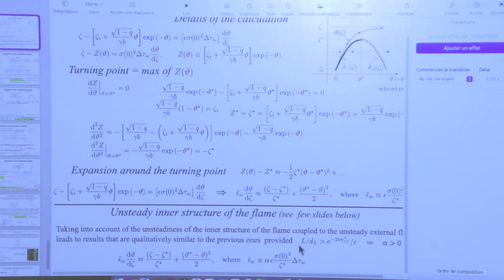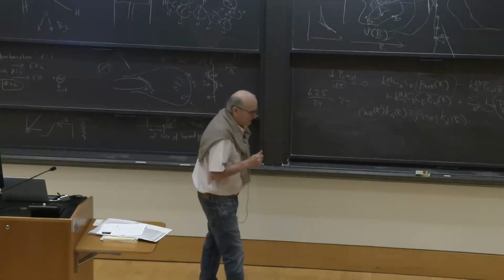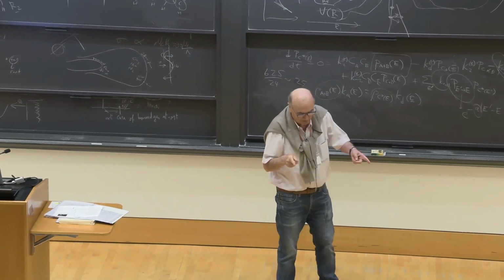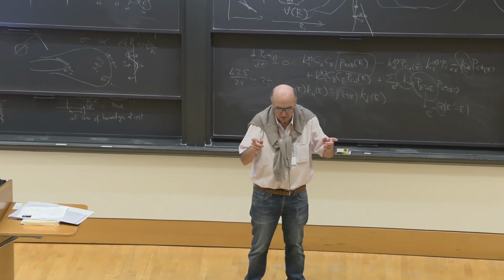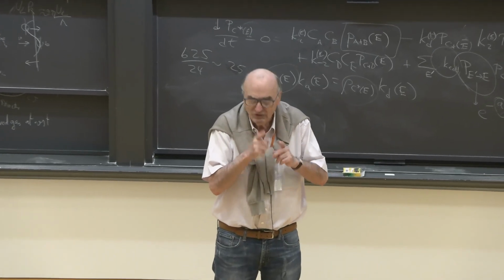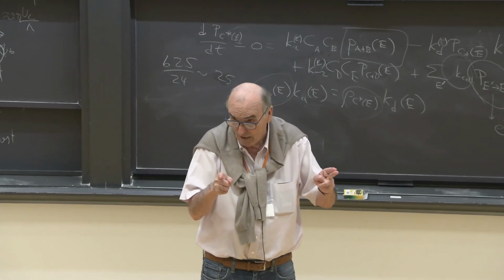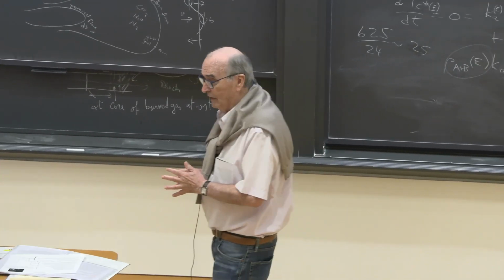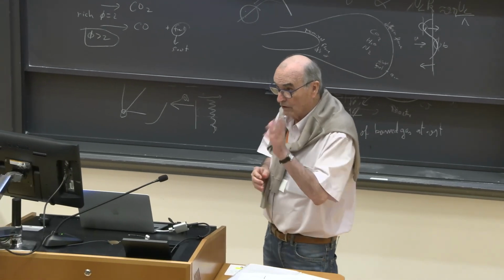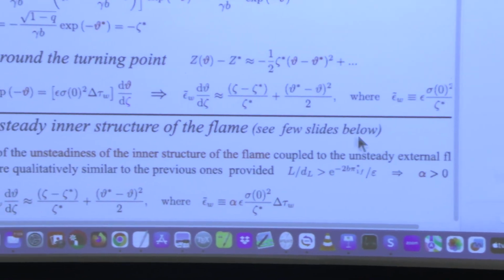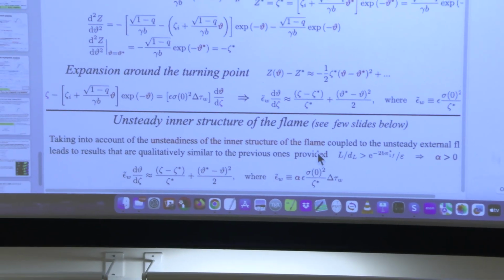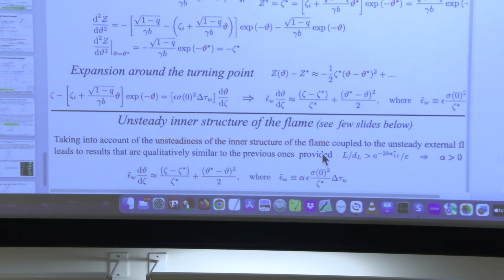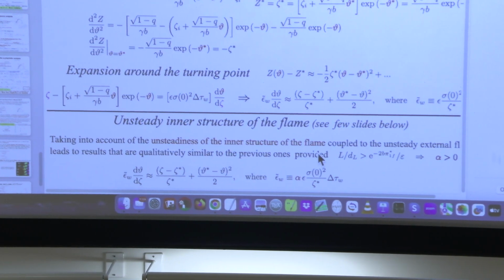In simple words, if the length of the finger is sufficiently longer, the unsteady effect in the burned gas balances the bad unsteady effect coming from the inner structure. In that case, nothing is changed, but you need to have a length of the finger sufficiently long.